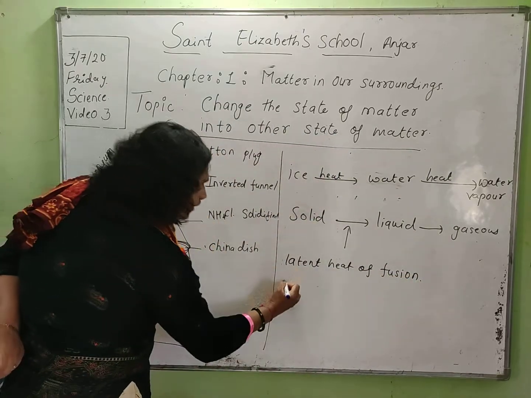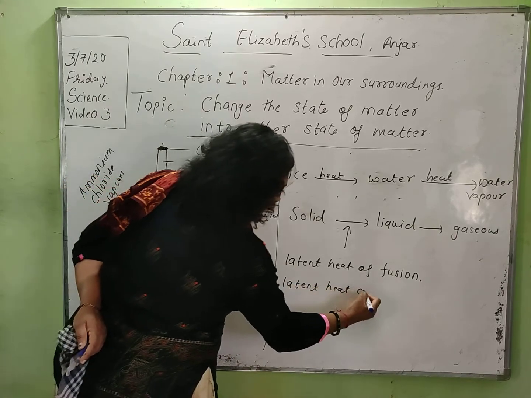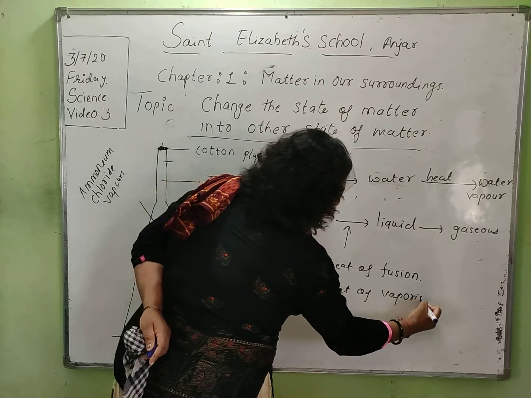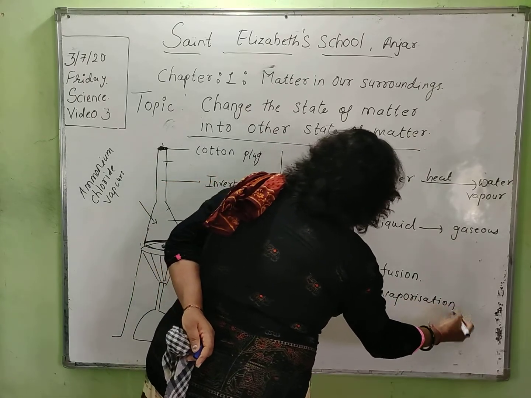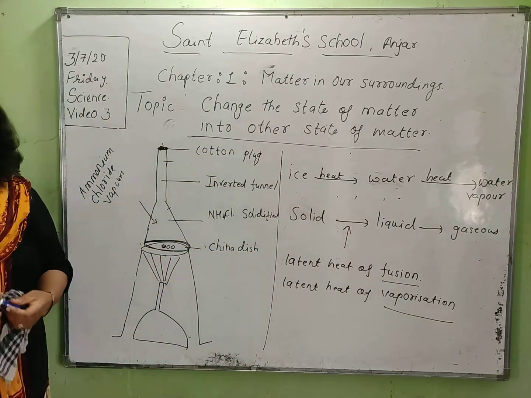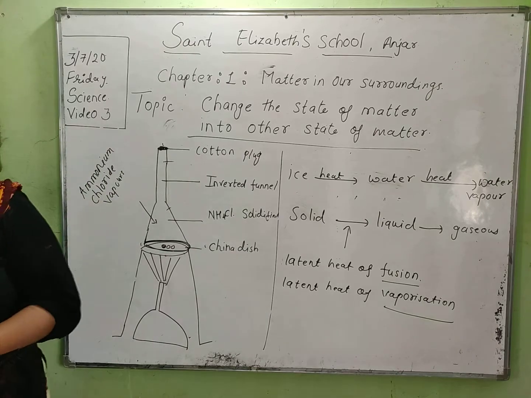And the heat which is used to convert water particles into the gaseous form is known as latent heat of vaporization. So these are some of the cases which we have to understand.